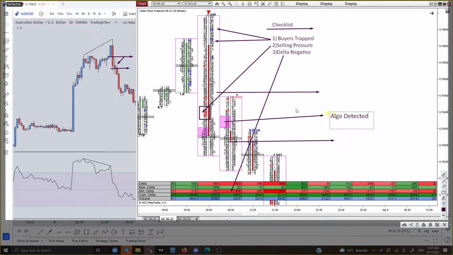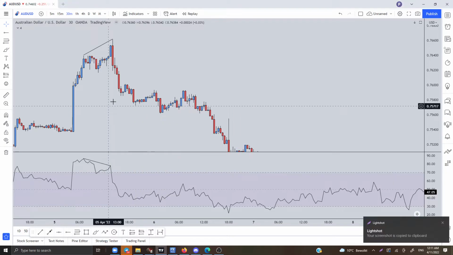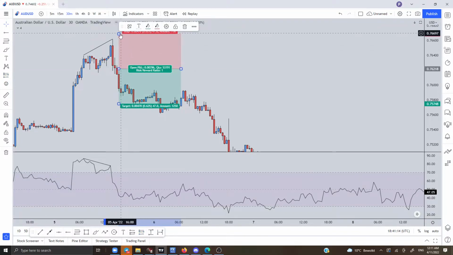So that makes the trade, and if we just add it here, if we take our position tool, risk reward tool, this can be your entry, because that was the candle when the min delta was very strong.